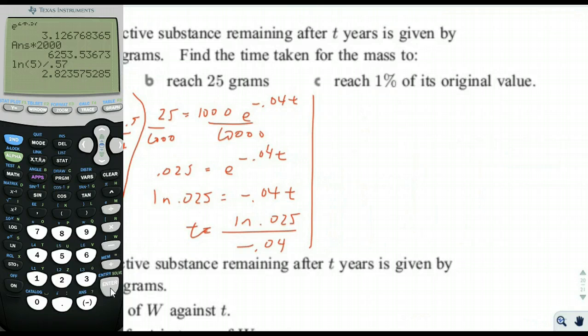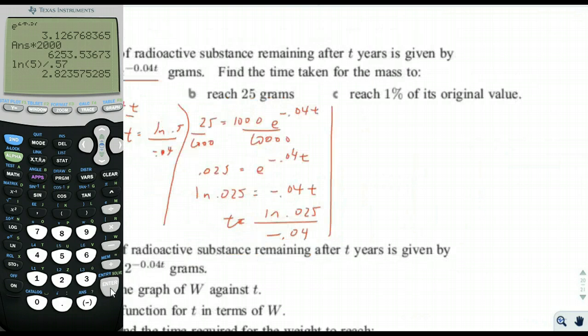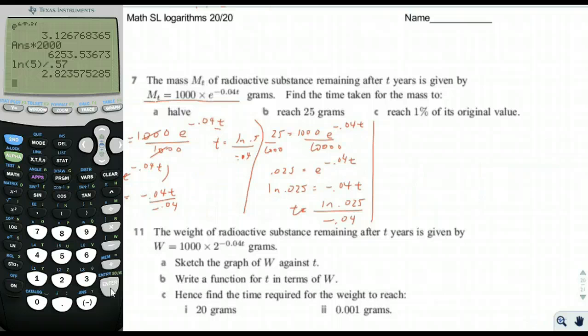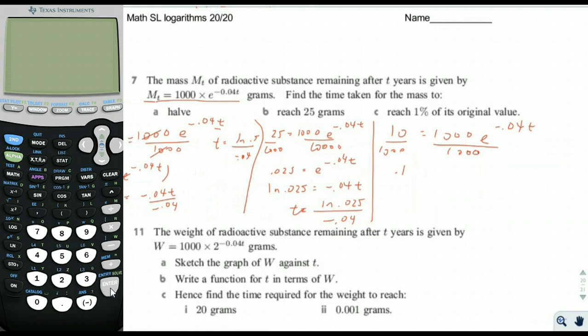How about to reach 1% of its original value? 1% of its original value would be 1% of 1,000 is 10. So you'd have 10 equals 1,000 e to the negative 0.04 t. Divide both sides by 1,000. And you got 0.01, makes sense, 1%, is equal to e to the negative 0.04 t.